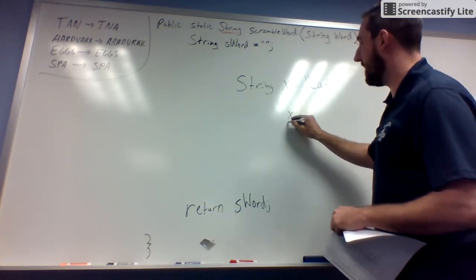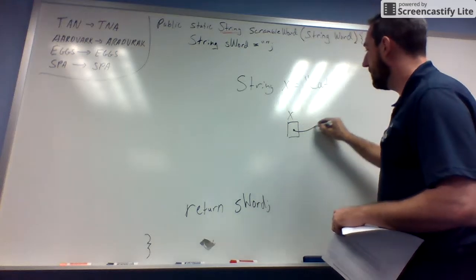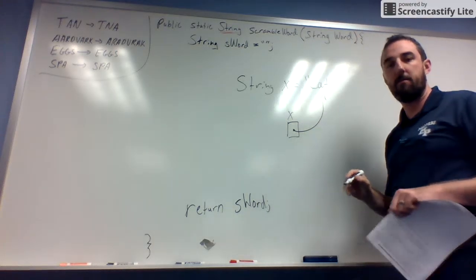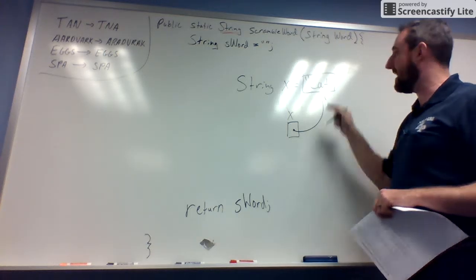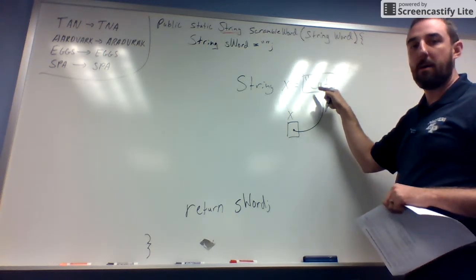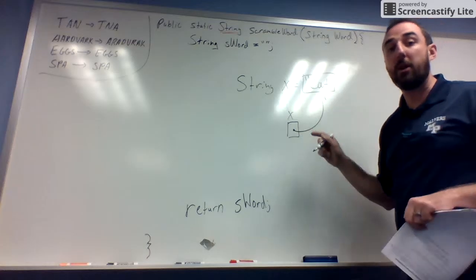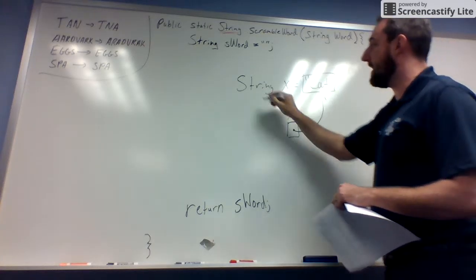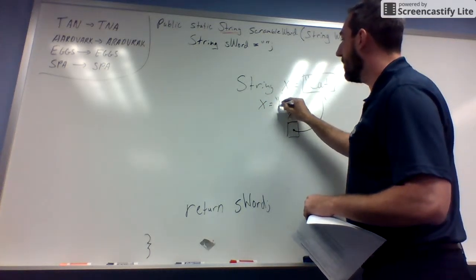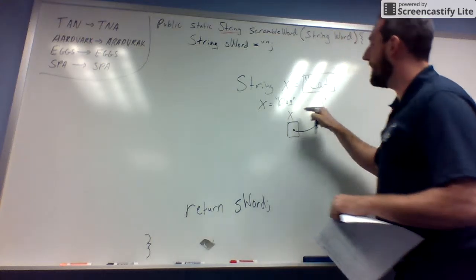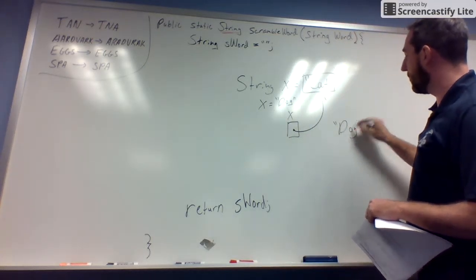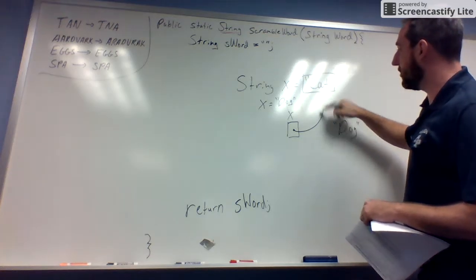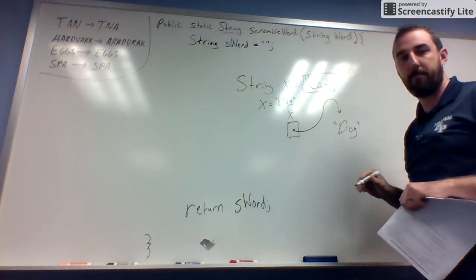I have a reference to this. This is now in place in memory, cat. I can't edit that place in memory anymore. Now, what I could do is say, hey, forget it, x equals "dog". But that doesn't change this. Instead, it makes a new place in memory with dog in it and just changes the arrow to point there.